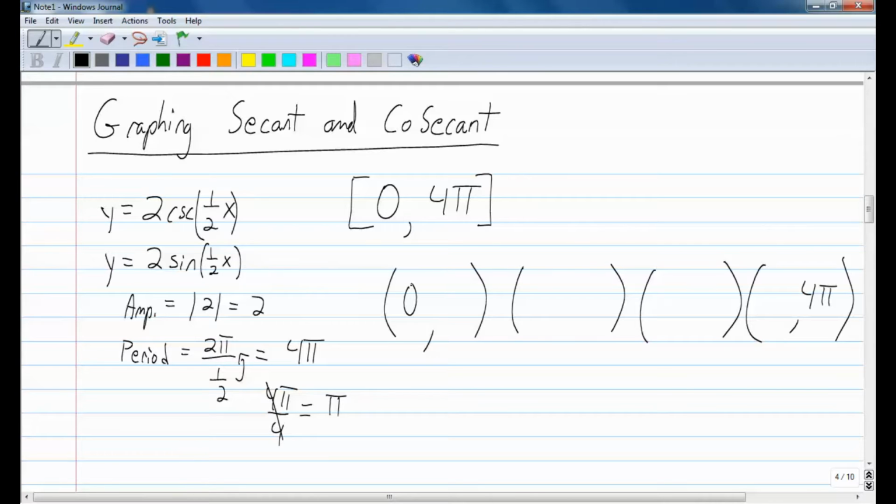The way that I get the first significant point past 0 is I take that increment that I figured out and add it to 0. So 0 plus pi is pi. You start the next subinterval with the last point in the previous subinterval. So pi, and add pi to that, you get 2 pi.